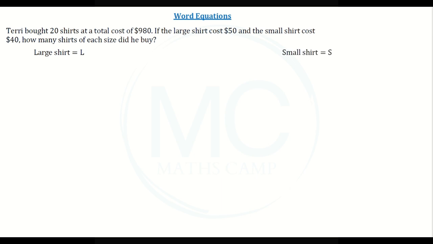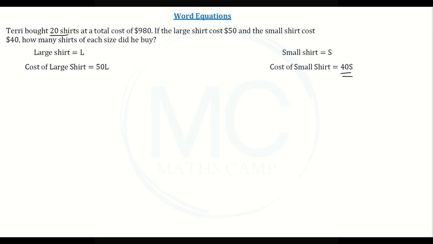The cost of the large shirt is $50. So we can say cost of large shirts is $50 for every large shirt. The cost of the small shirt is $40, which means there will be $40 for every small shirt. Terry bought 20 shirts.